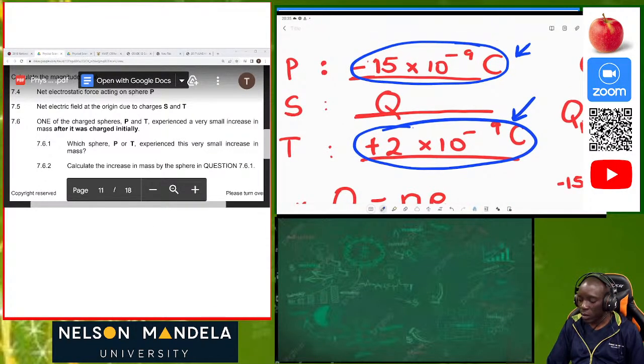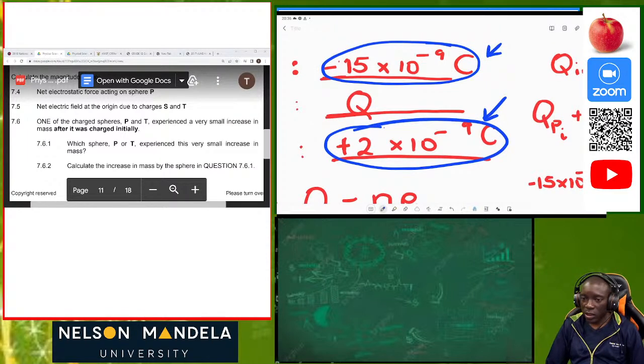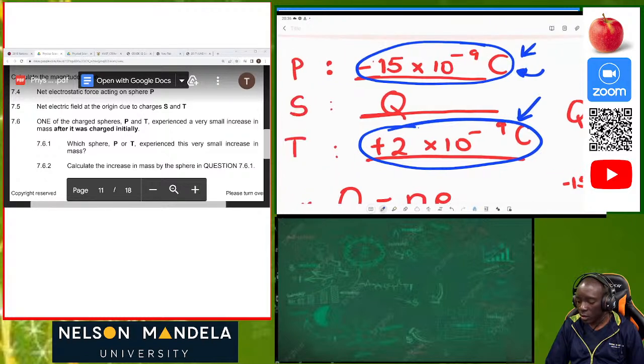So in giving the sphere positive charge, electrons have to be removed such that there remains a deficiency of electrons from an initially neutral body or object. When electrons are added, it means a small mass should be added, and we can determine that small mass for the case of sphere P.